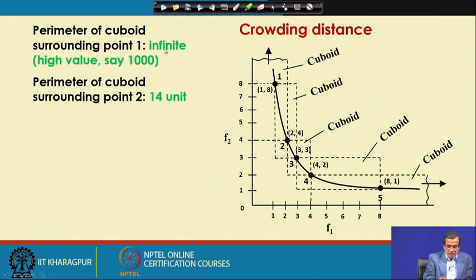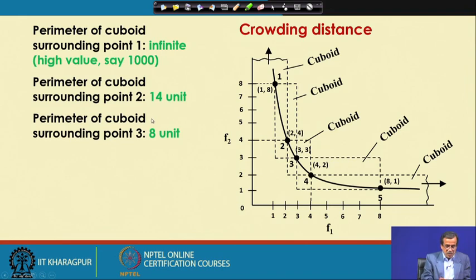Now, for point 1, the crowding distance value will be very high, and let me consider it is infinite. Let me consider this is 1000 for simplicity. Okay. Now, the perimeter of the cuboid surrounding point 2, if we calculate, will become equal to 14 units. Similarly, corresponding to the cuboid surrounding point 3, its perimeter is 8 units.